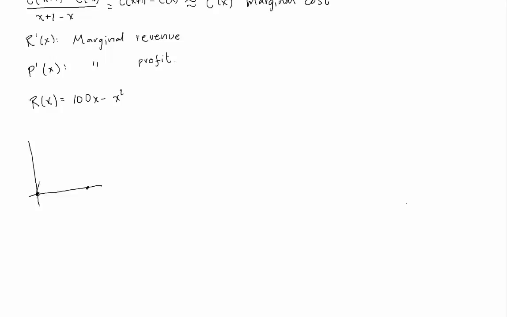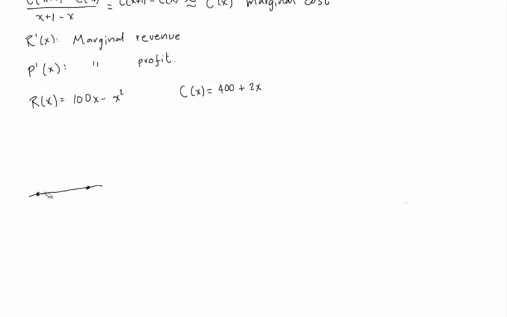And then let's say you have a cost function. This cost function will often be a linear function, so you have a fixed cost, let's say $400, and then you have a variable cost of, say, $2 per unit, so we have plus 2x. So that could be a scenario where you could have that.